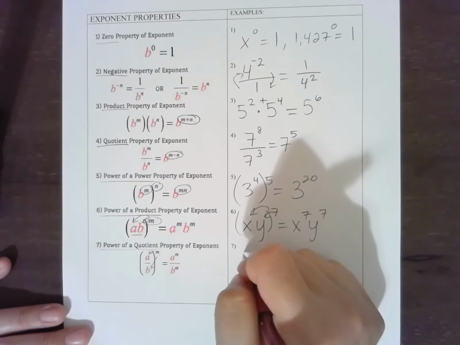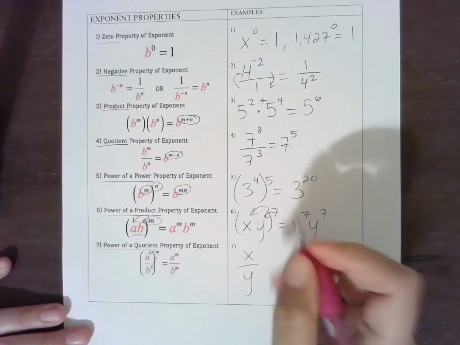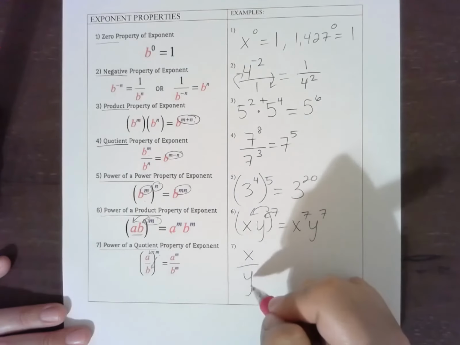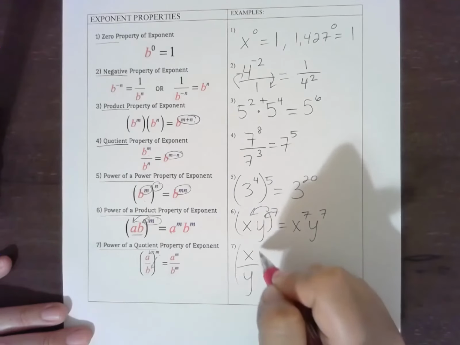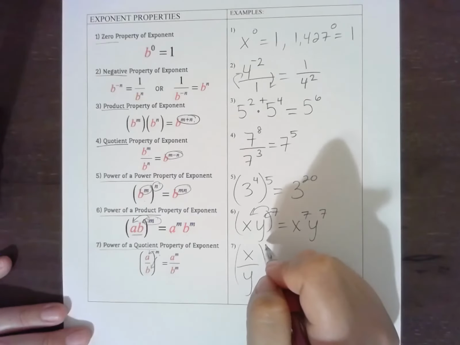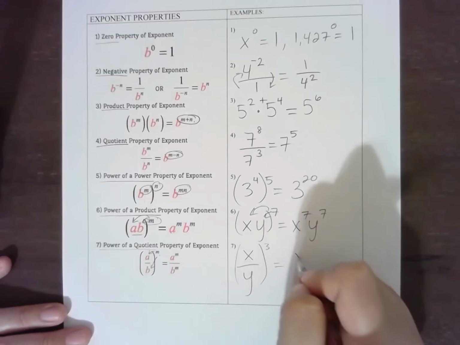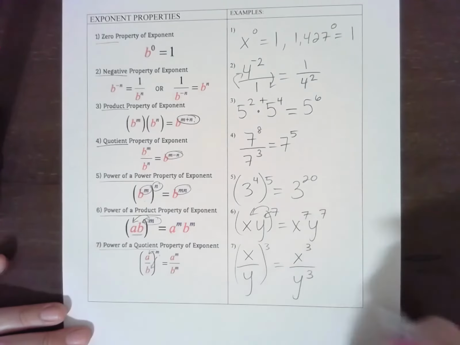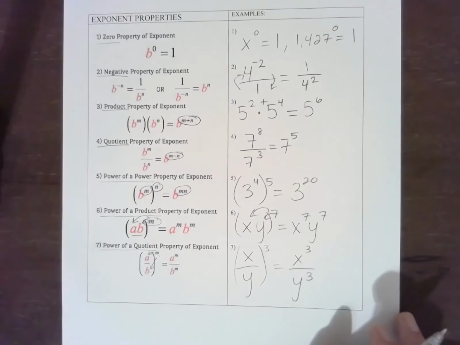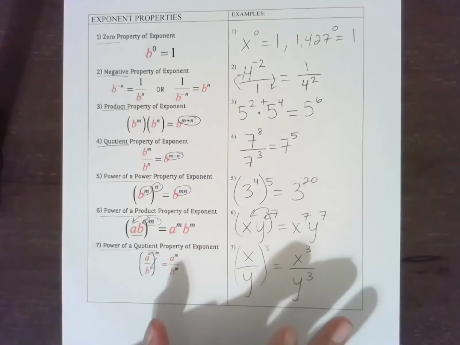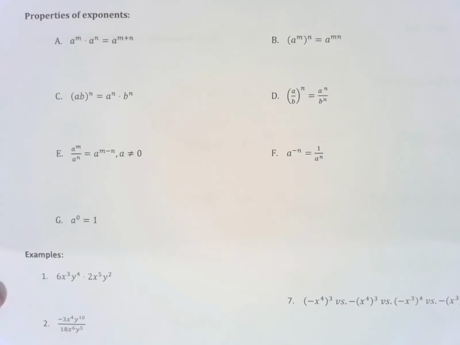So I'm going to use X over Y. So that is the quotient, that's the division part of it. And then let's say we have to the 3rd power. So it's going to be X to the 3rd power over Y to the 3rd power, okay? And these are the properties of exponents, but this is the most basic form of them. The properties of your exponents, so you can remember them. They're in a different order, but it's the same properties.